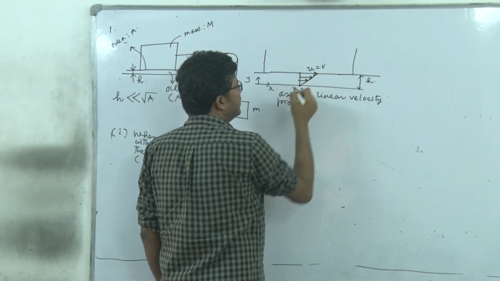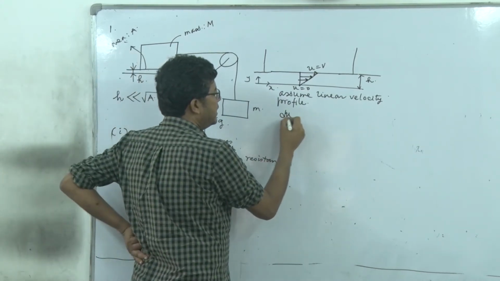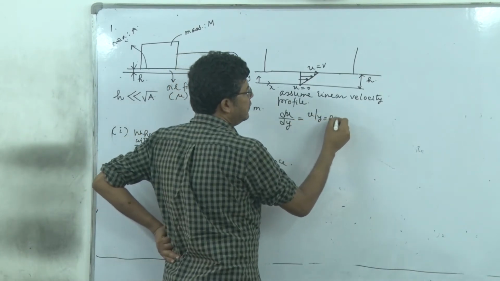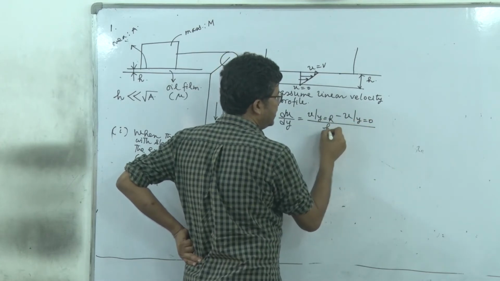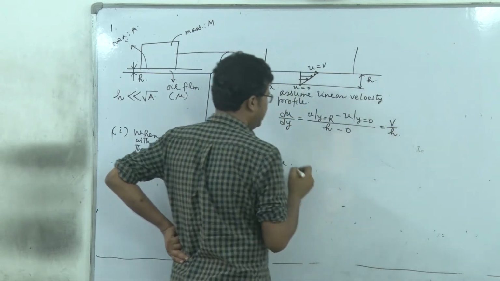So this is the typical velocity profile, and we can write that du/dy is equal to (u at y = h minus u at y = 0) divided by (h minus 0). So it is simply v divided by h.